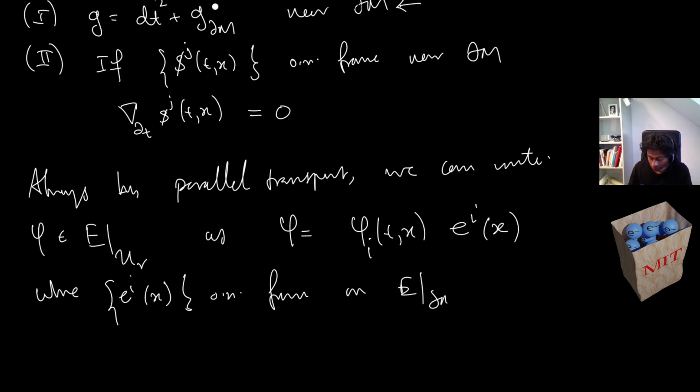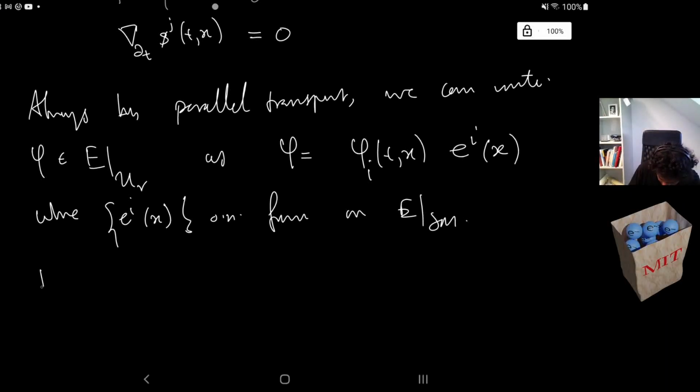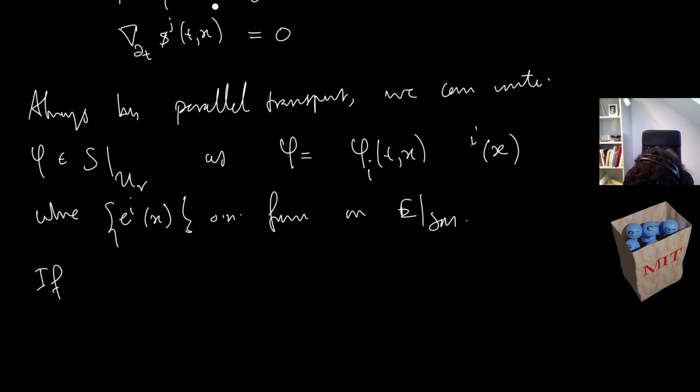Okay, so we can always write it in this way. And so then the question is, how does this change the connection in this identification? And then what we really need is, so now I've screwed myself because I've written e_i here. So let me write S here and S_i for the frame.